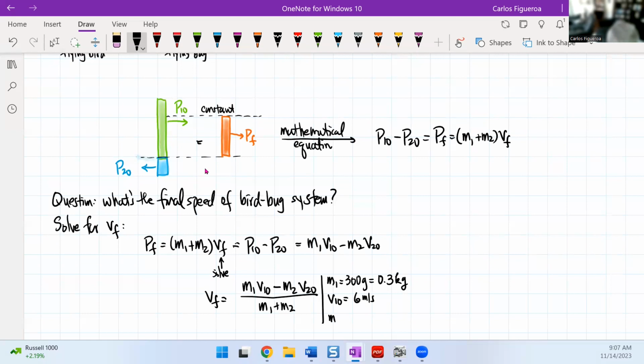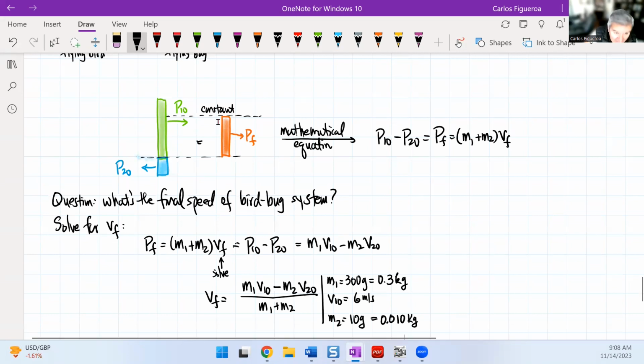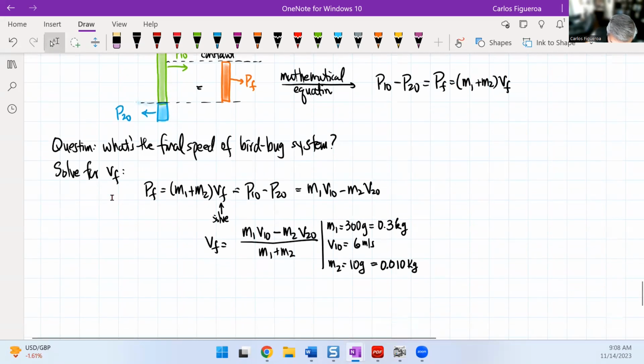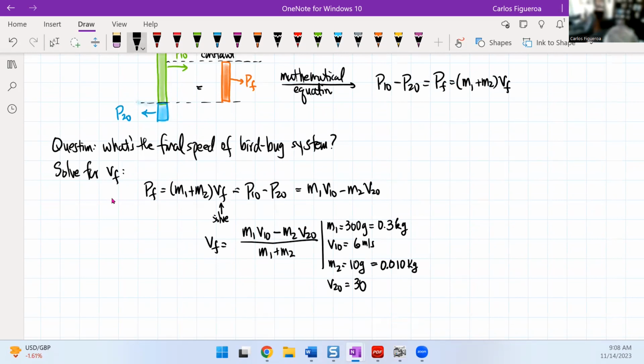Now, the bug has a mass of 10 grams, so this is going to be 0.010 kilograms. And then it tells us that its speed is 30 meters a second. Note, no minus sign. Why not? Because I put my minus on when I drew the bar diagram.